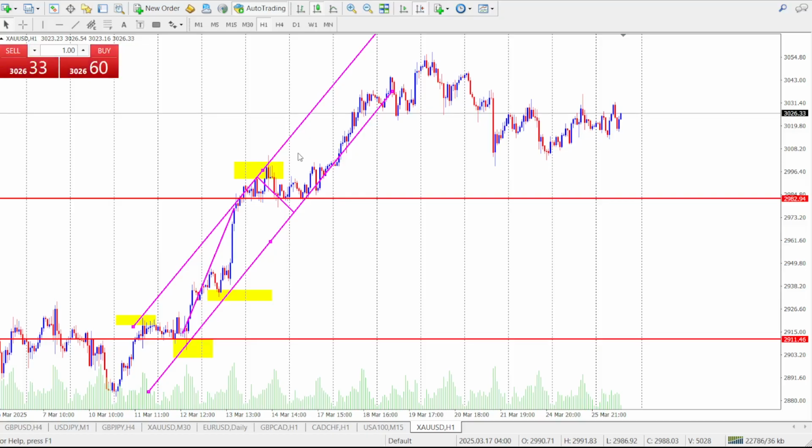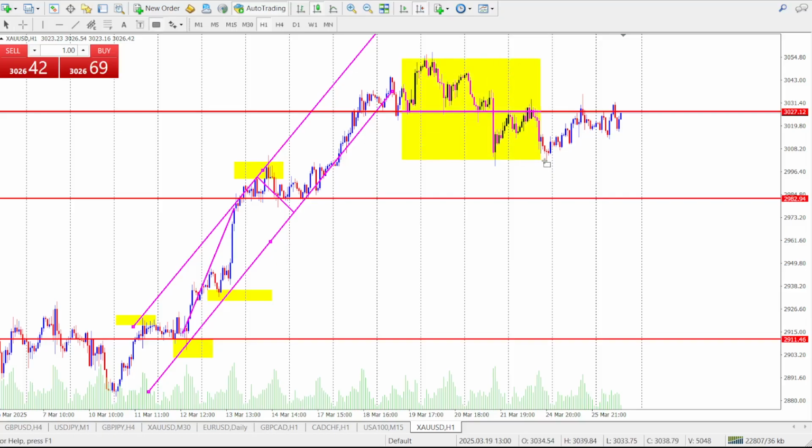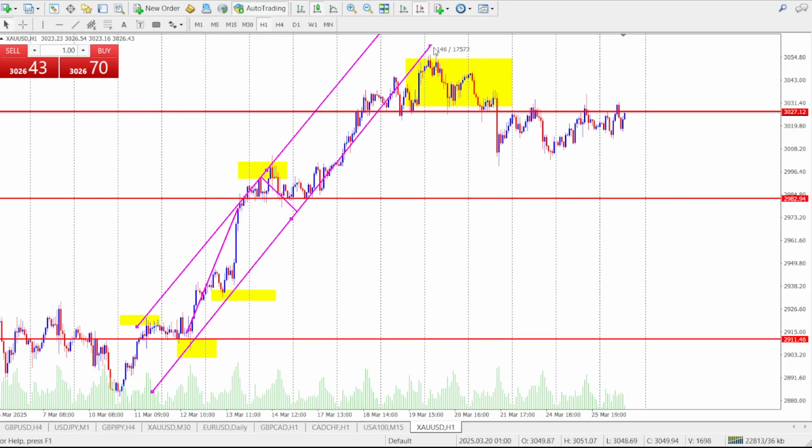On the other hand, if it breaks below the lower trend line, it may indicate a trend reversal, just like what happened around here, a breakout below the trend line, signaling a possible reversal. And you can see what happened around here.